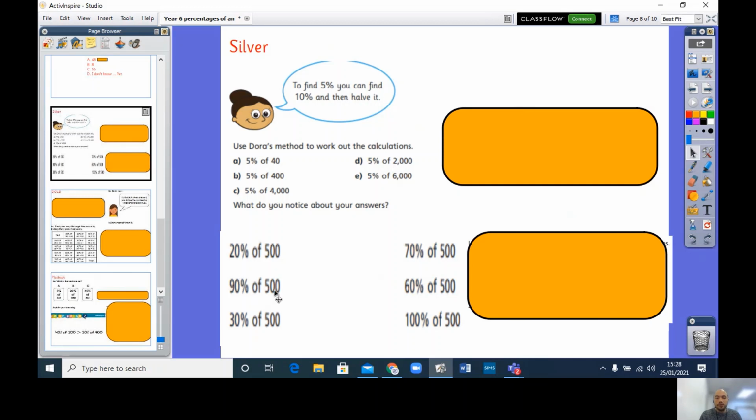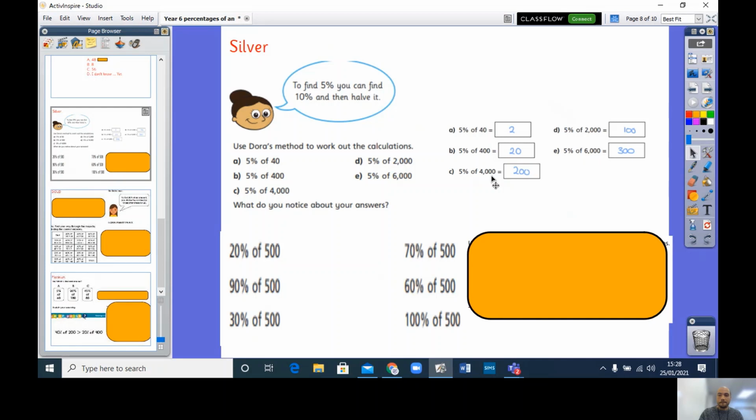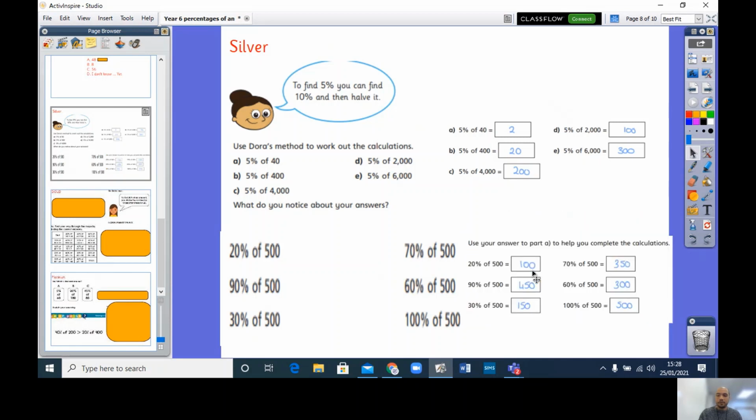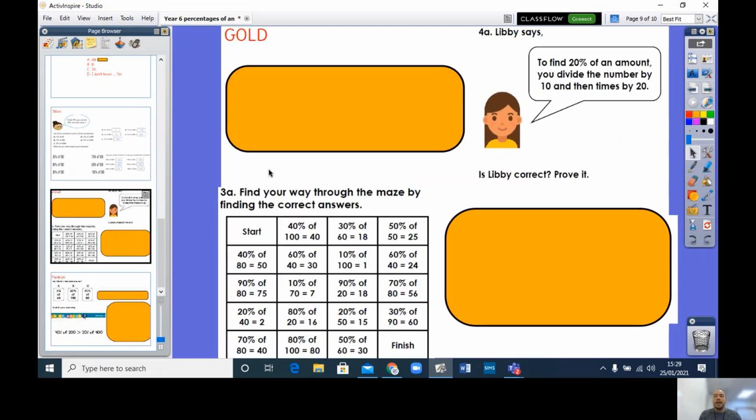Remember, for these bottom questions here, find 10% and then find the higher percentage by multiplying. Okay, I'm going to reveal the answers. If you pause the video and mark, I'm now going to move on to gold. If you pause the video now and have a go at the gold questions.